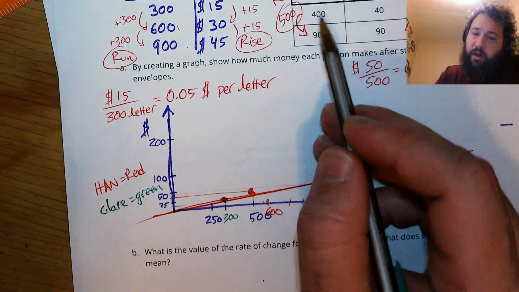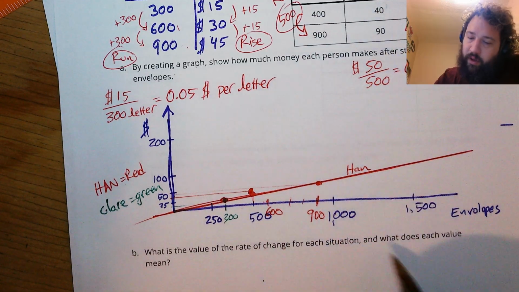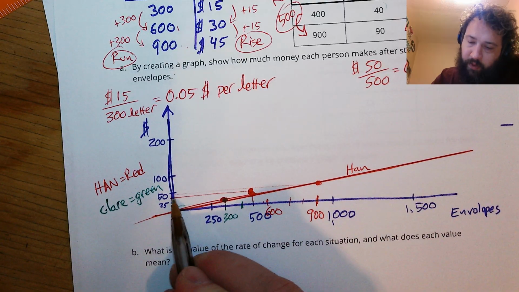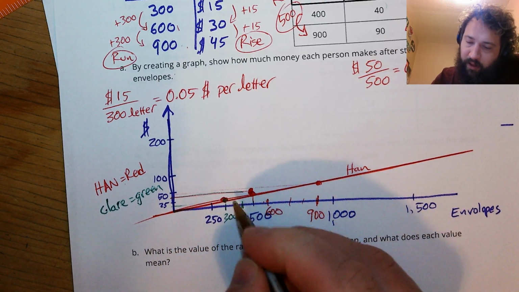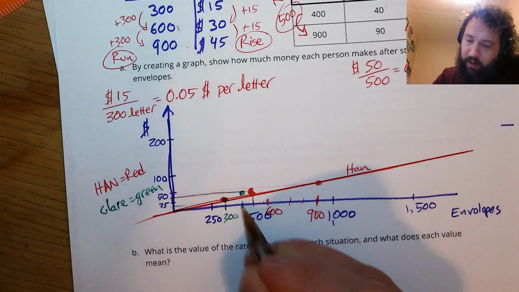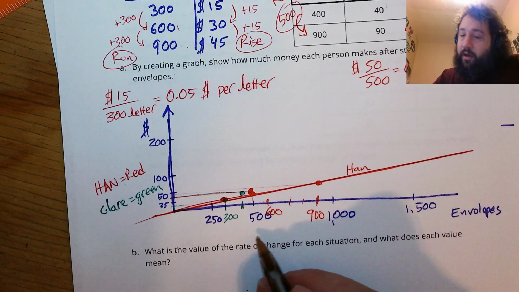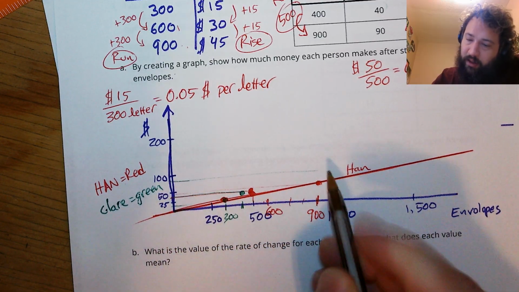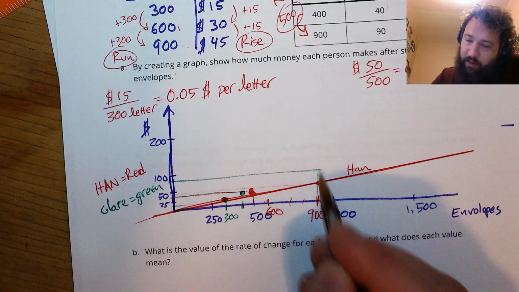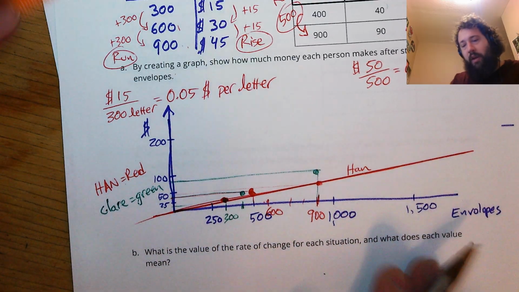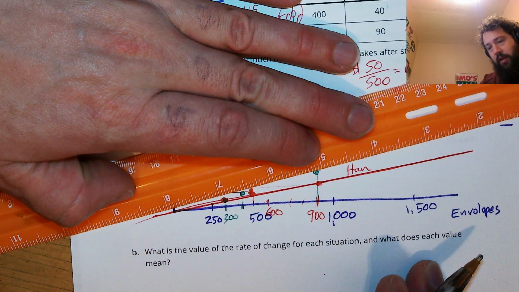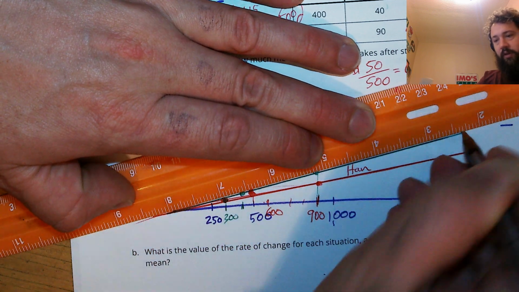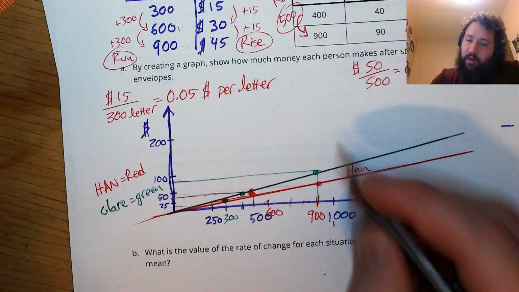Let's see what we can do with Claire. Claire is 440. So 400 would be about here, and 40 is about there. So maybe like that. And then Claire has 900 is 90. So 90 could be here. And then I'm doing a little better with Claire's. Claire has hers go like this.